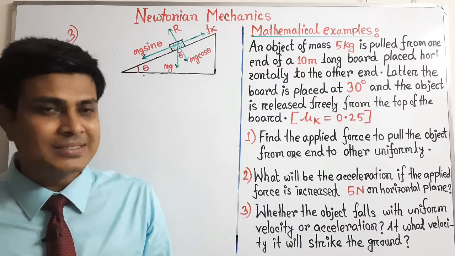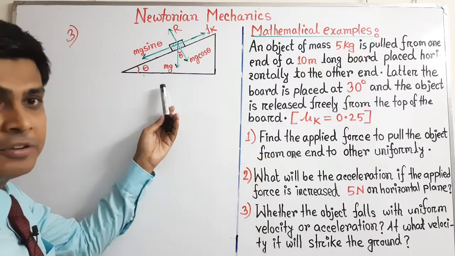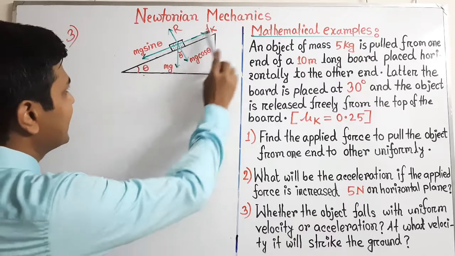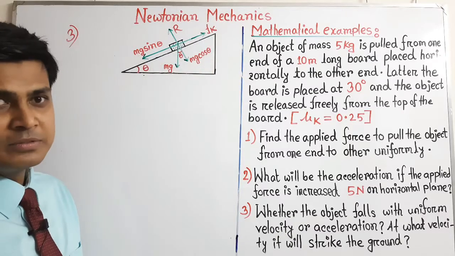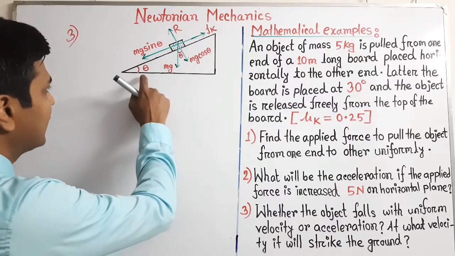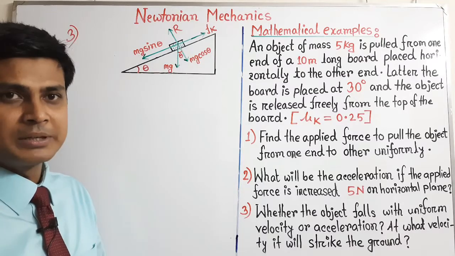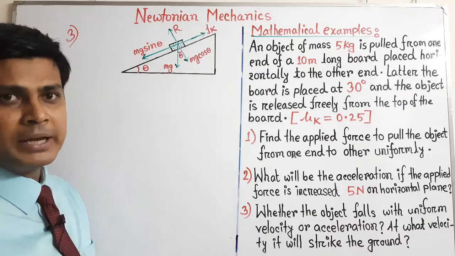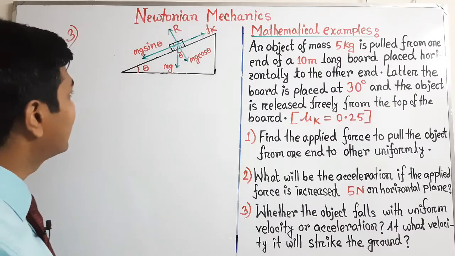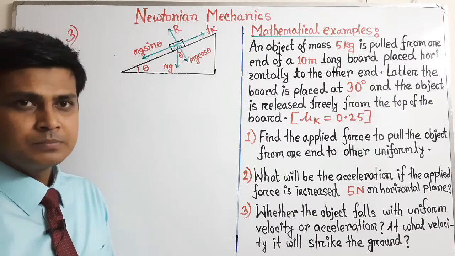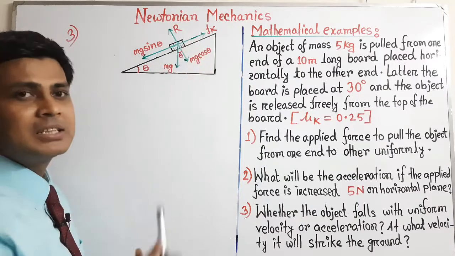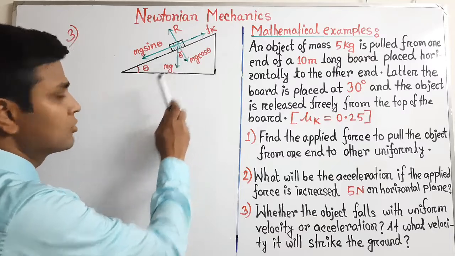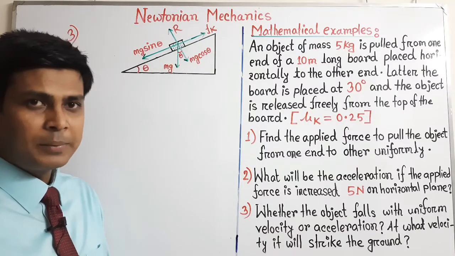Okay, my dear students, let's see the stem in a figure. In that figure you can see this is the object and this is the inclining surface, which is making an angle of 30 degree with the horizontal plane, and we place that object in the middle of the plane because it will be easy to clarify the components of the weight. We know the weight always acts in the downward direction, and if this angle is theta, then that angle will also be theta. We already discussed this topic.